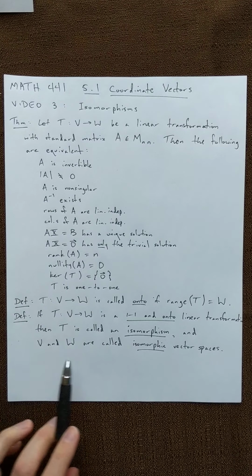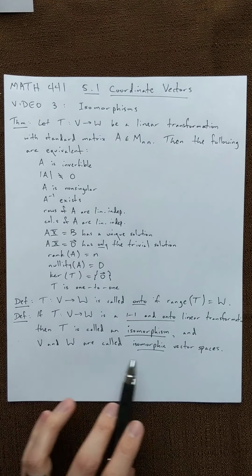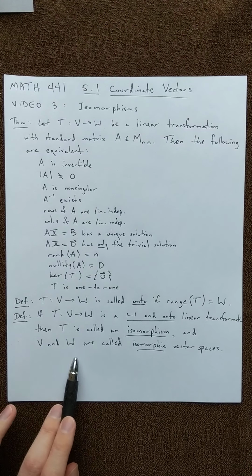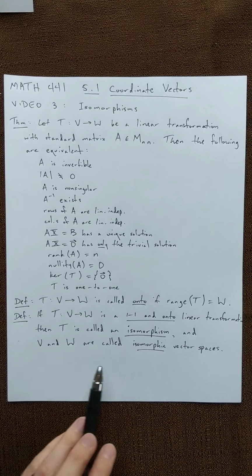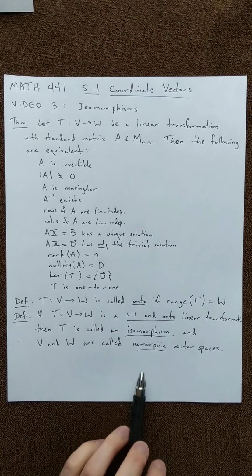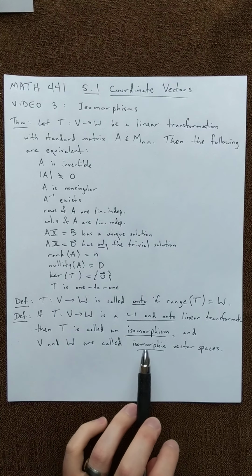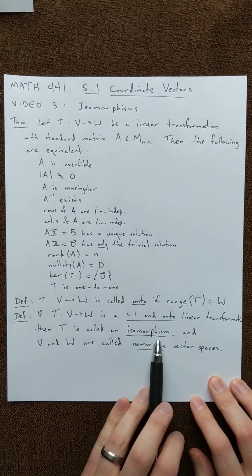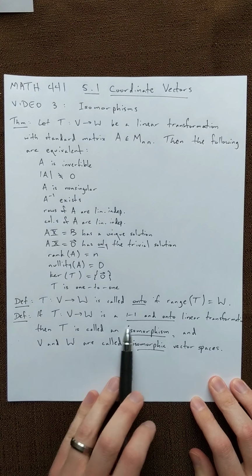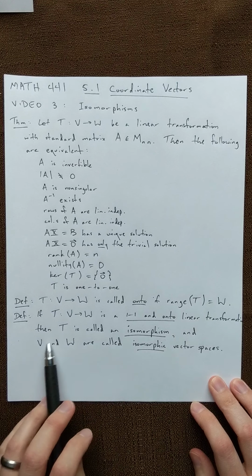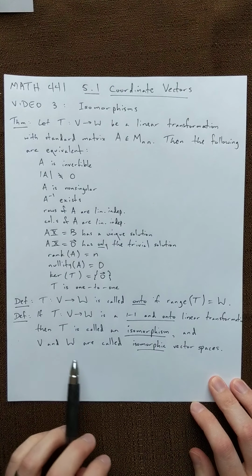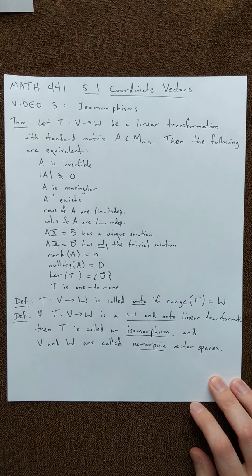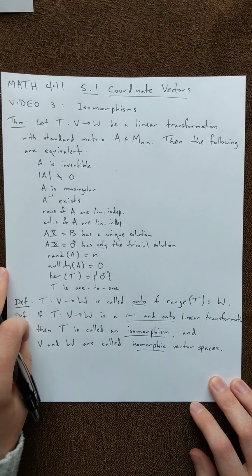So if that happens, we also say that the two vector spaces themselves are isomorphic. So they're equivalent under an isomorphism, basically. Iso meaning same, morphism meaning transformation. It's a transformation between things that are the same. So we're saying that these two vector spaces are in some sense the same, or in some sense equivalent.